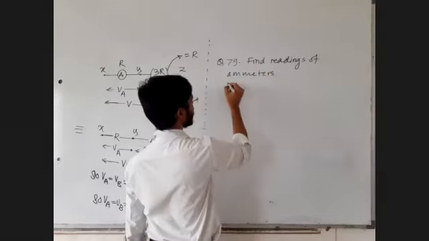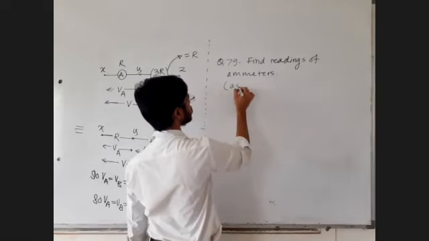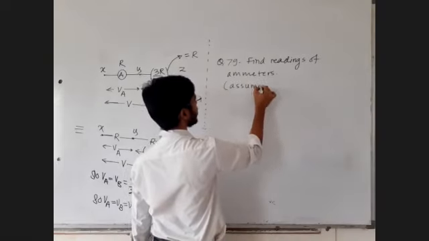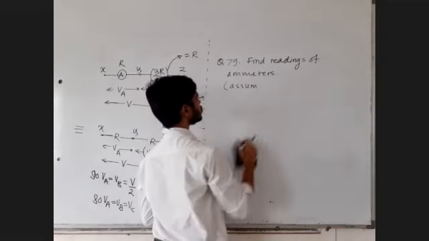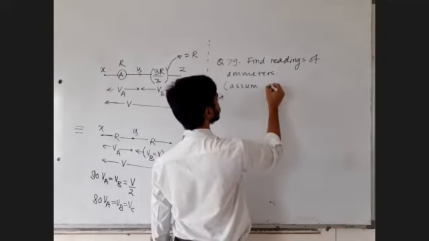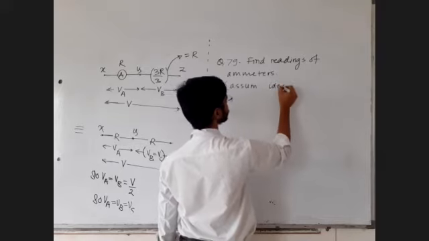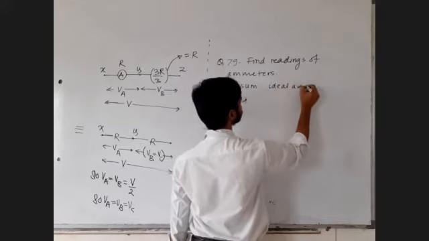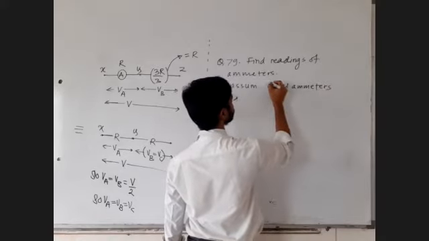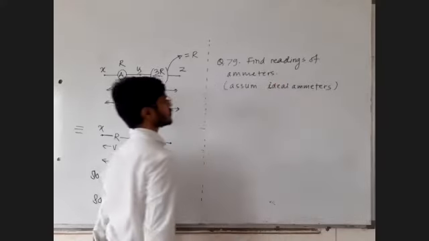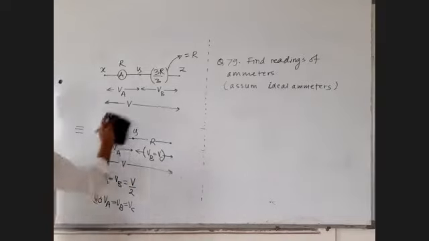All ammeters are ideal. Assume ideal ammeters, which have zero resistance. Ideal ammeters means you will take their resistance equal to 0.